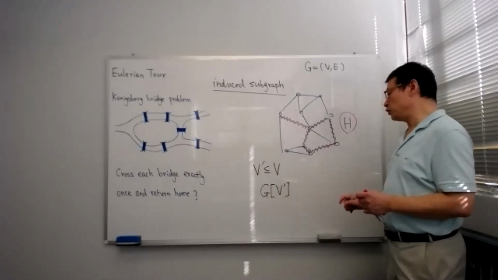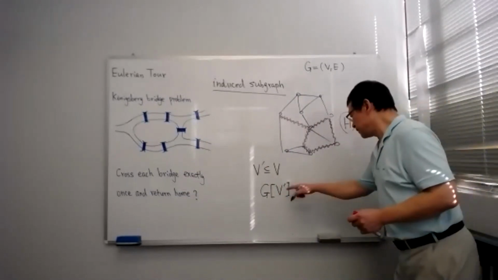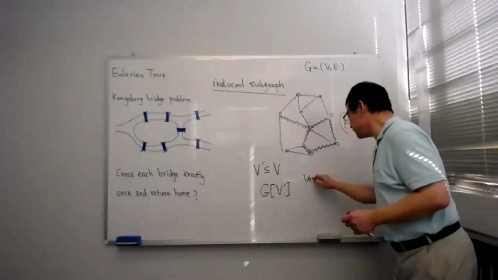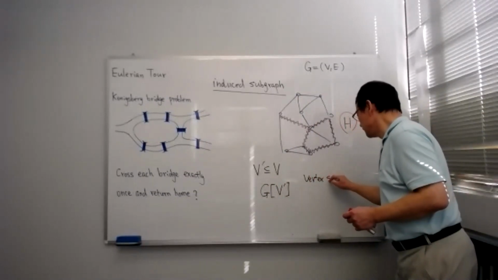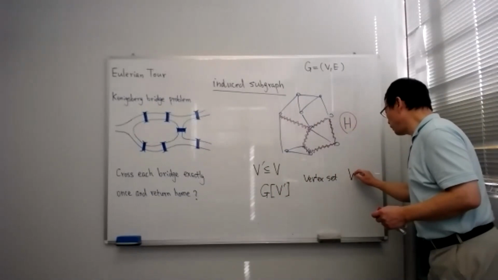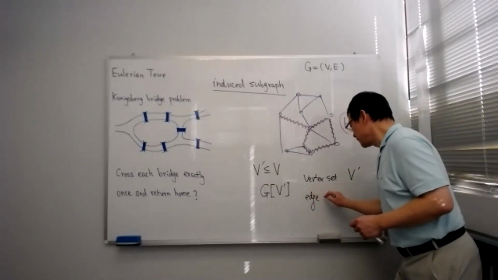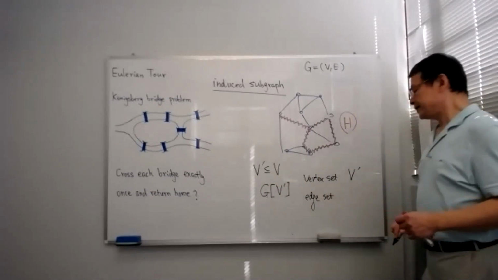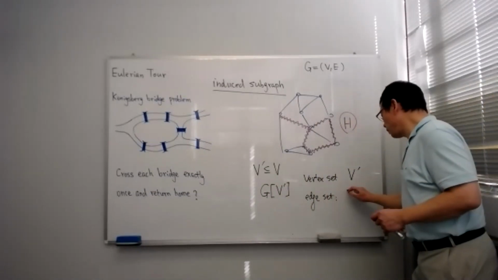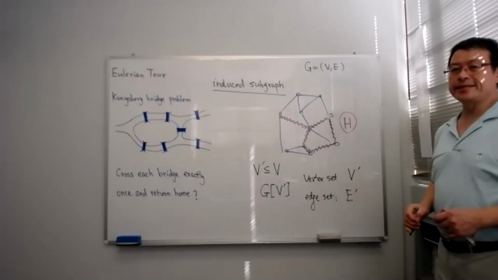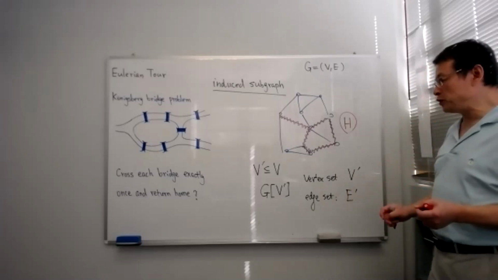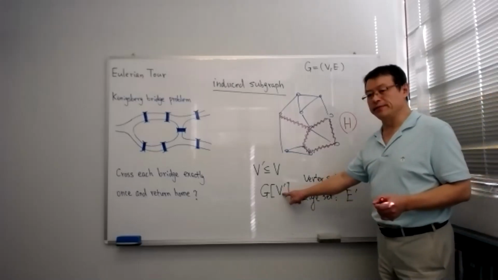This one is a graph whose vertex set is exactly V prime, and whose edge set is exactly the edges of G whose both ends are inside V prime.